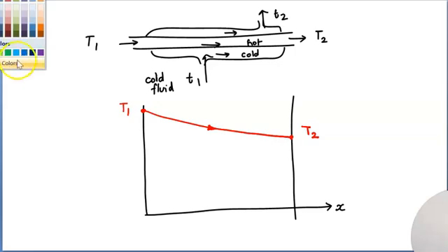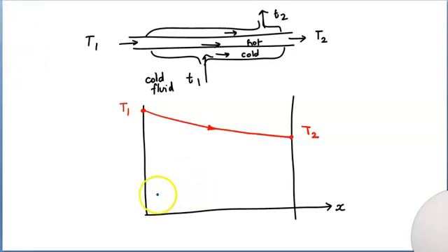Now, if you look at the cold fluid, if we sketch it in blue, the cold fluid comes into the heat exchanger at a temperature of lowercase t1, and its temperature rises because of the heat transfer that is taking place, and it exits at a temperature of lowercase t2. So this will be the temperature profile for the cold fluid.